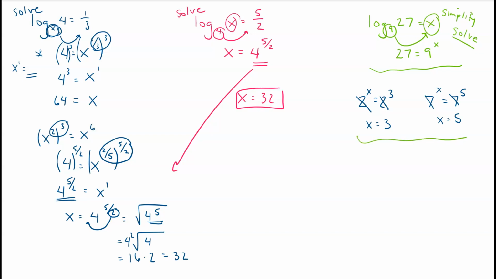But in this problem that we have, 27 equals 9 to the x, the bases aren't the same. Can I write 27 with a base of 9? 9 squared is 81.